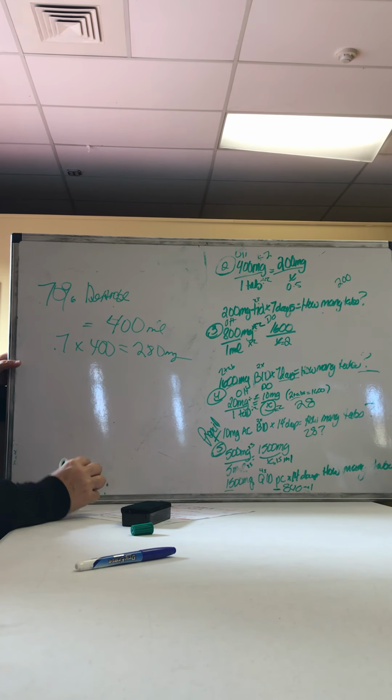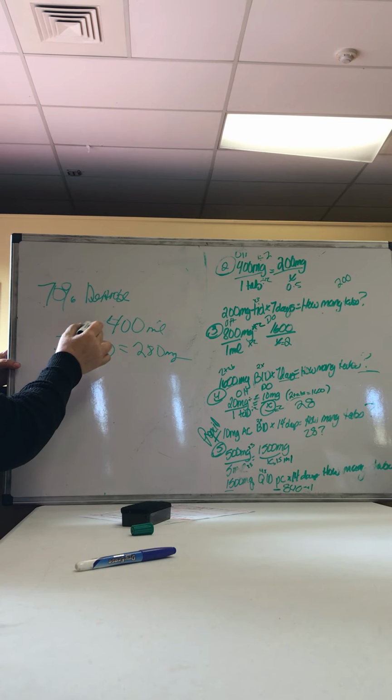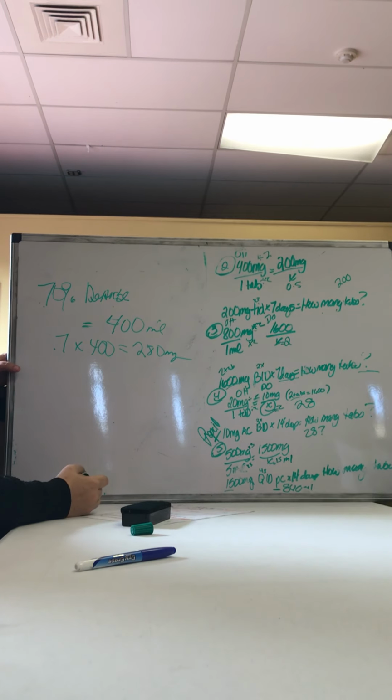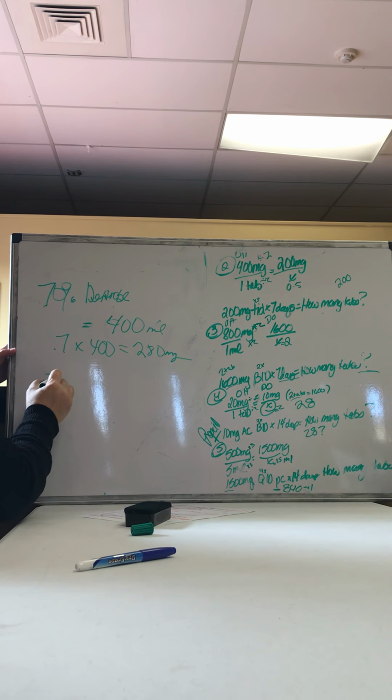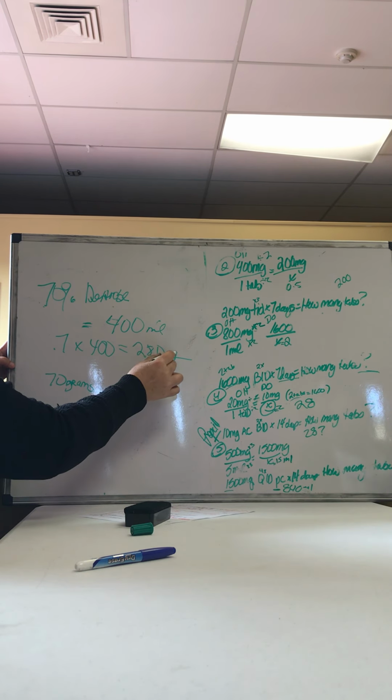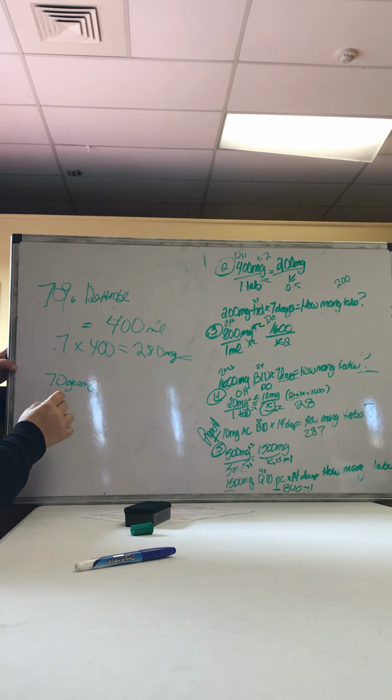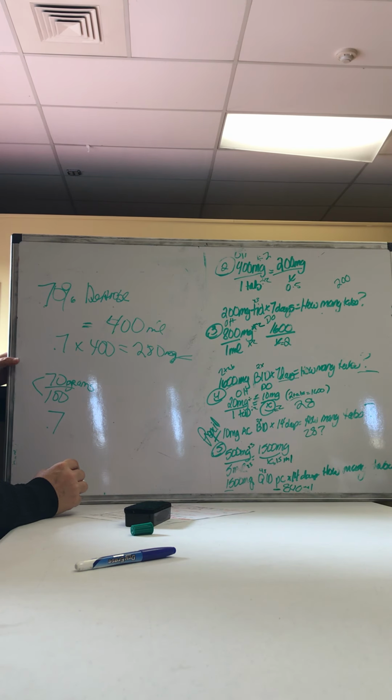That's how we know 70% dextrose, in whatever you have, there's always going to be 0.7 of that. Because you can do 70 grams, and there are always grams of it. So 70 grams in 100. So as a decimal, what is that? Nothing but 0.7.